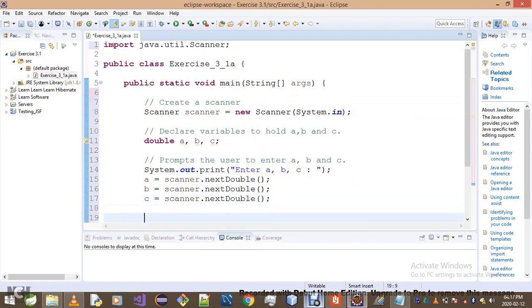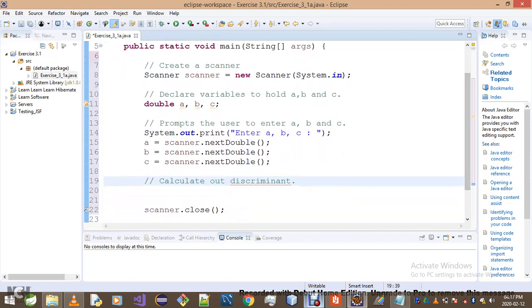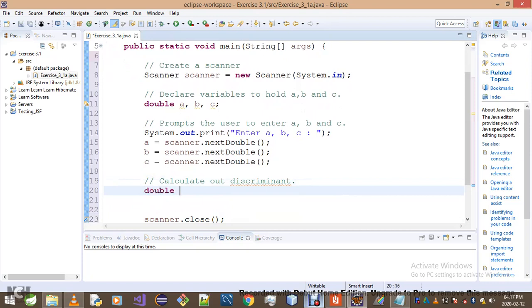Once we do that, we've got to calculate our discriminant. Okay, I don't even know if I spelled that correctly, but even if I didn't, this is not an English class, or tutorial rather.